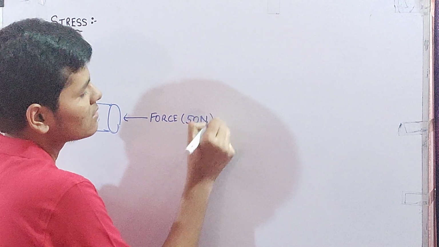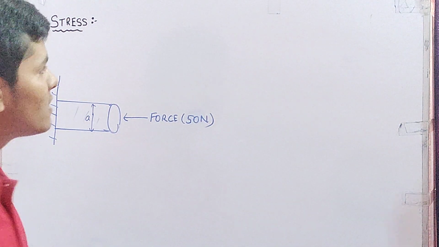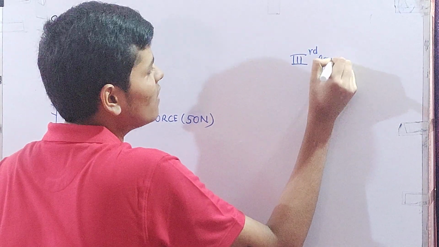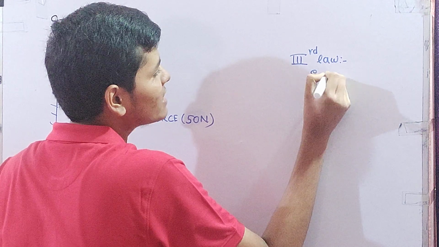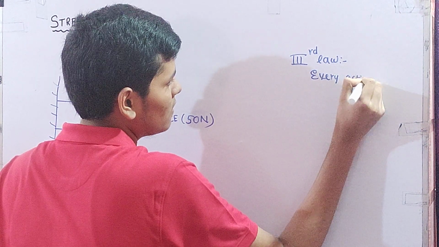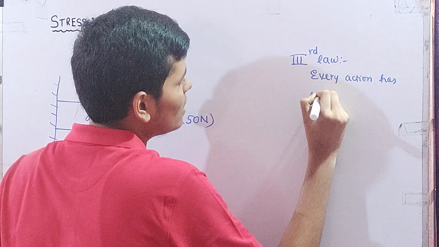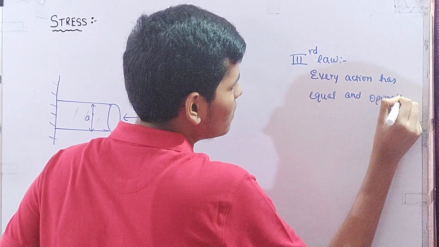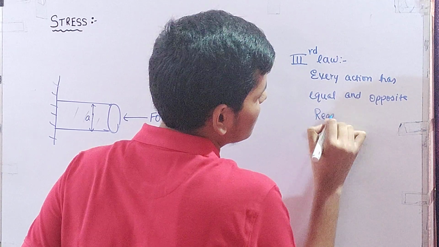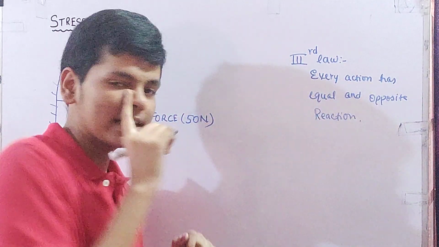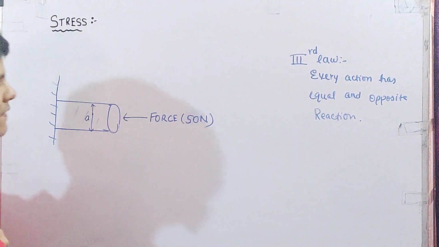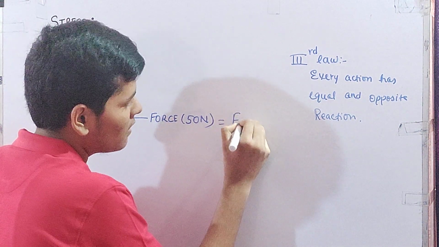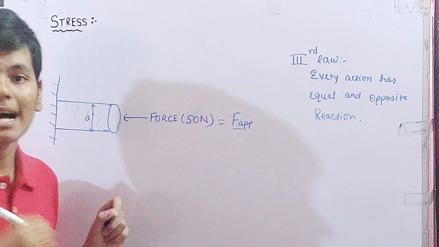As we have learned, Newton's third law states that every action has an equal and opposite reaction. So when we apply a force on this, it is called the applied force, F applied.